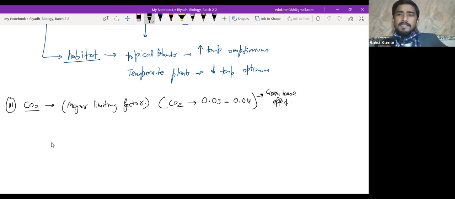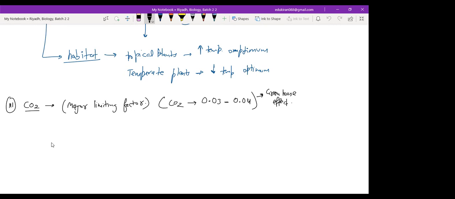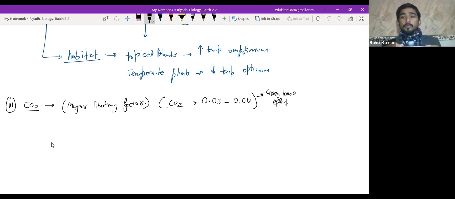A slight increase in this concentration will lead to higher photosynthesis. In brackets, write down higher CO2 fixation.